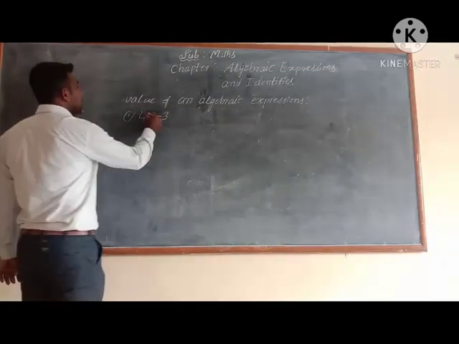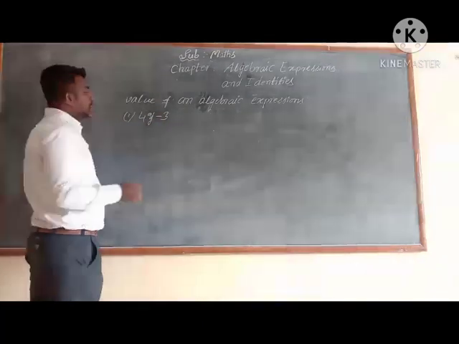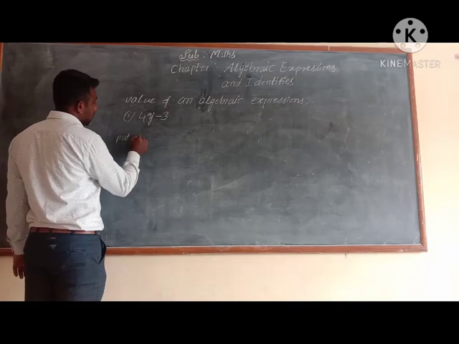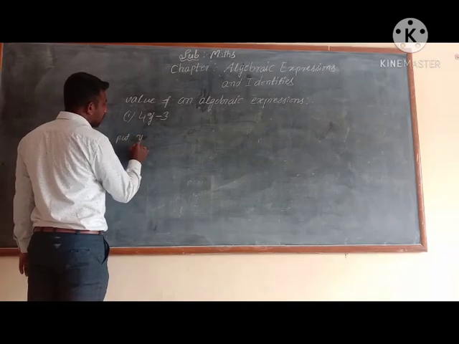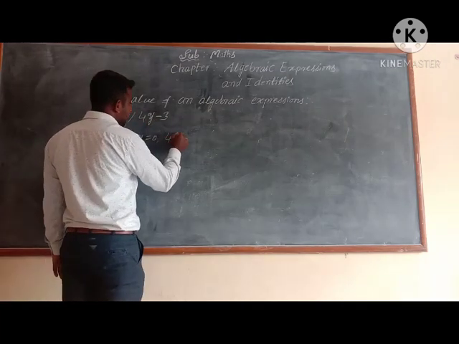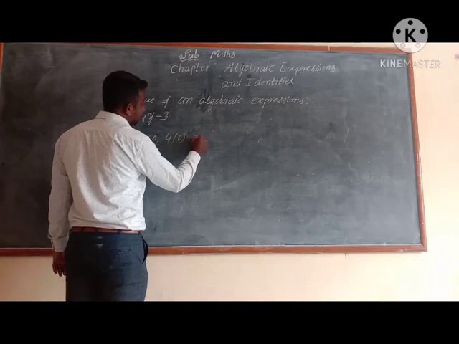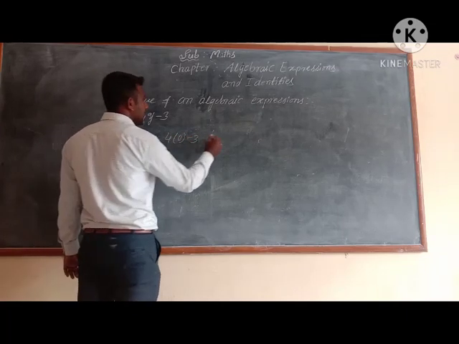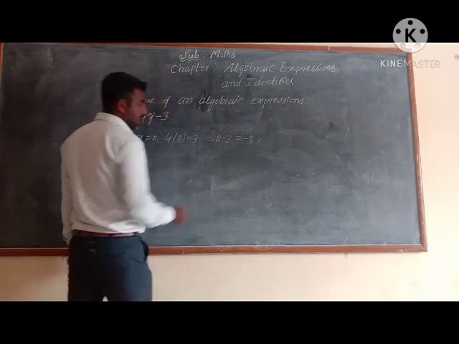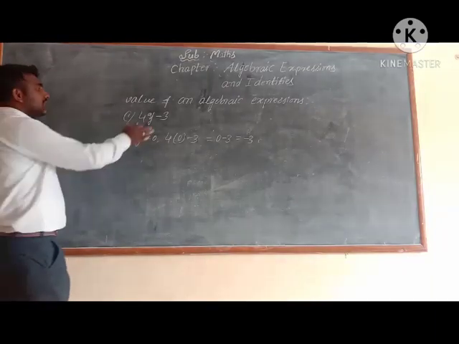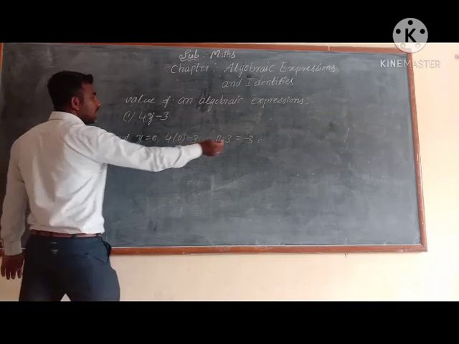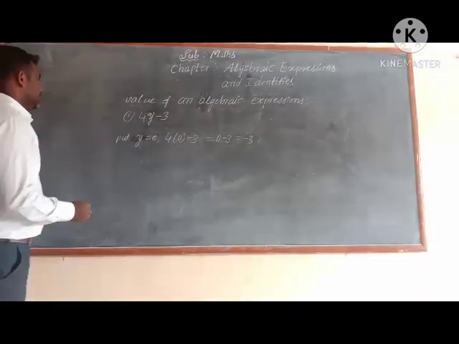It means by giving any value to the variable y. Suppose put y is equal to 0. 4 into 0 minus 3 is equal to 0 minus 3, which is equal to minus 3. The value of the given algebraic expression when the value of y is 0 is minus 3.